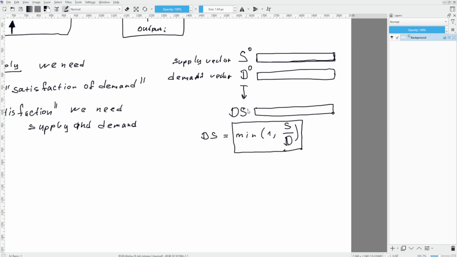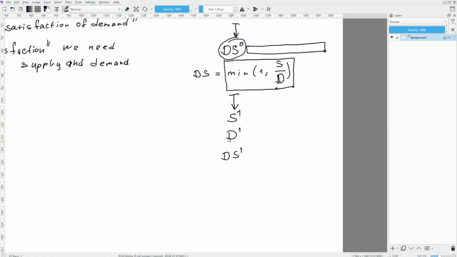We calculated this thing and got satisfaction of demand 0. Now we can again recalculate everything given this value with this vector and get supply 1, demand 1. Again recalculate demand, supply 1, satisfaction of demand, and again and again.